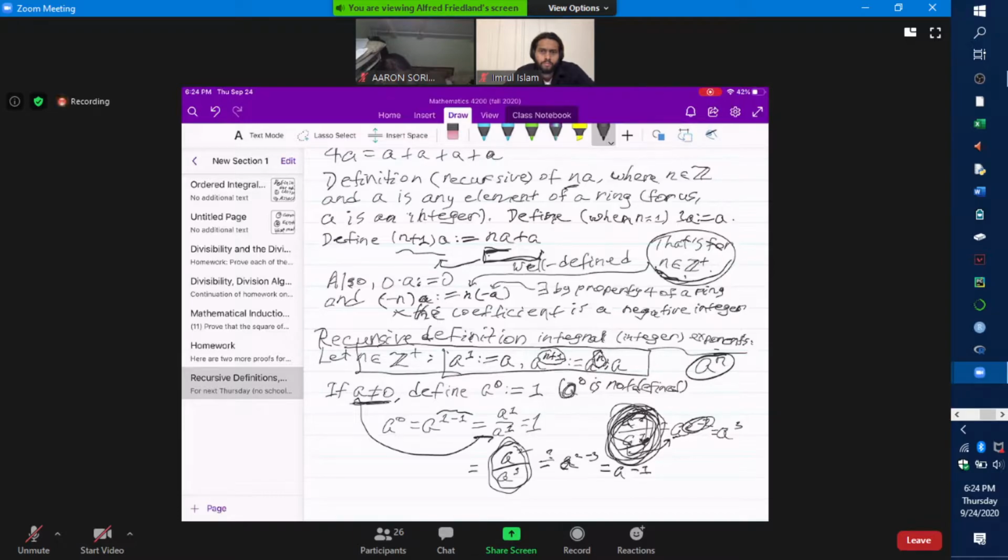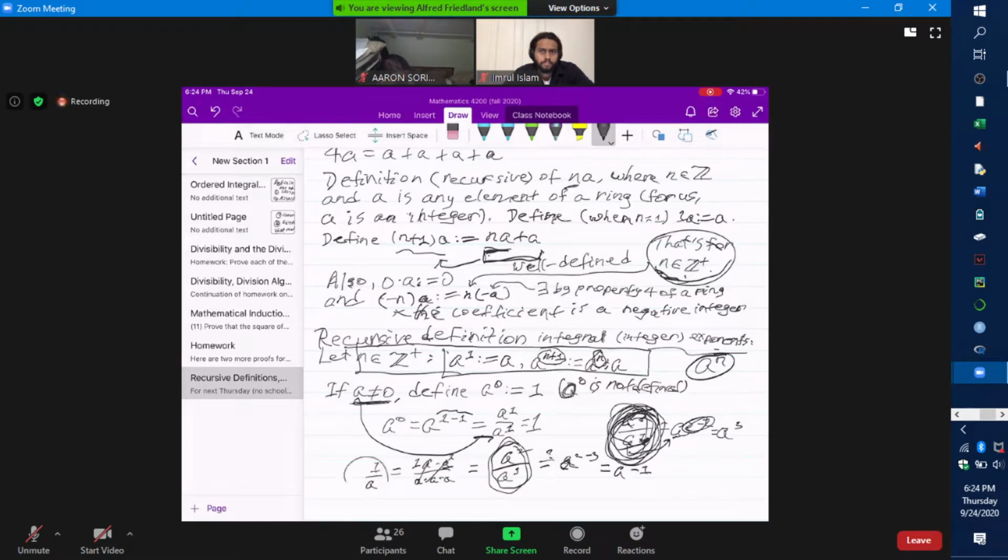But this is the reason for a to the negative 1 to be a fraction. If you write what this is, the numerator is a times a, the denominator is a times a times a, and now a divided by a is 1, a divided by a is 1, and so you're left with 1 in the numerator and a in the denominator.